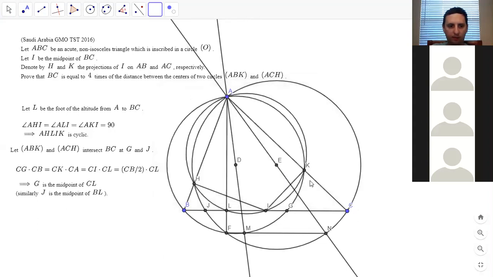So that means that L lies on the radical axis of those circles. So A, L, and F are collinear.